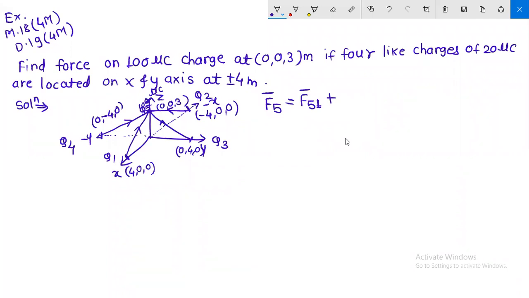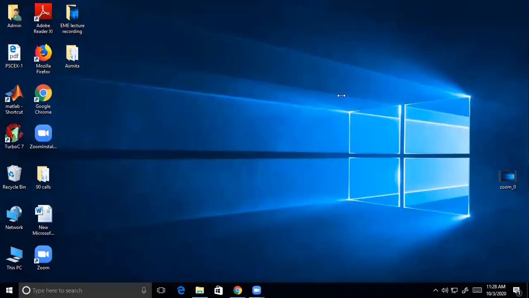Similarly, there will be addition, right. What is the force acting on charge Q5 due to charge Q2? How can I write this? F bar 5 2, correct.